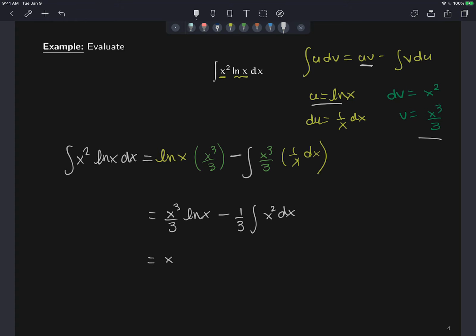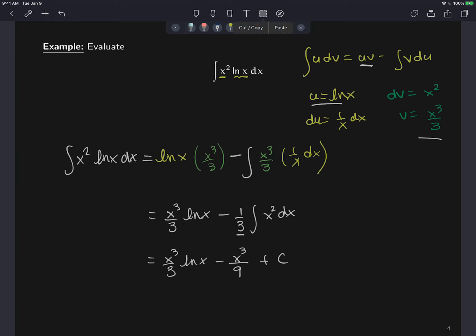So I have x cubed over 3 natural log of x minus, I'm going to integrate x squared, so I get x cubed over 3. With this 3 that's over here, I get x cubed over 9 plus a constant. So this would be my answer for the integral of x squared natural log of x.